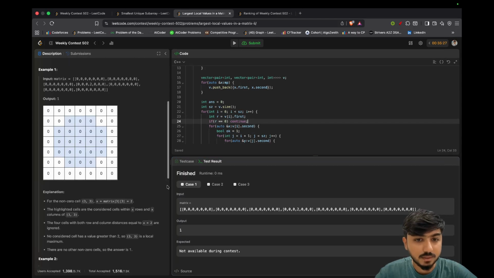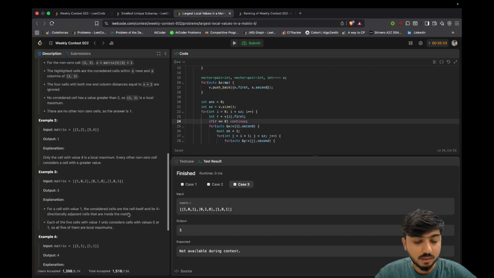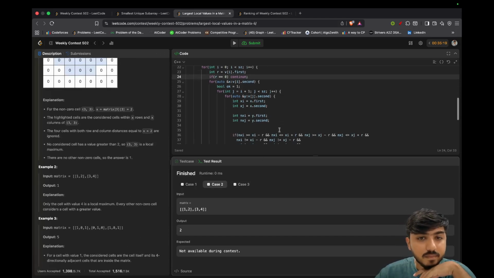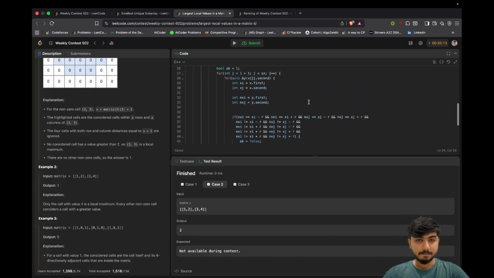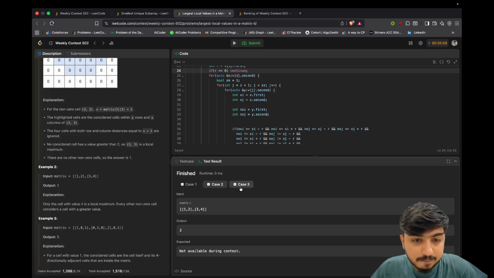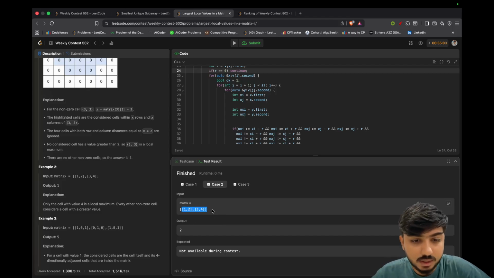Okay, 1 is fine, 2 is not fine, 5 is also fine. 2. Okay, can debug this. Let's debug this.